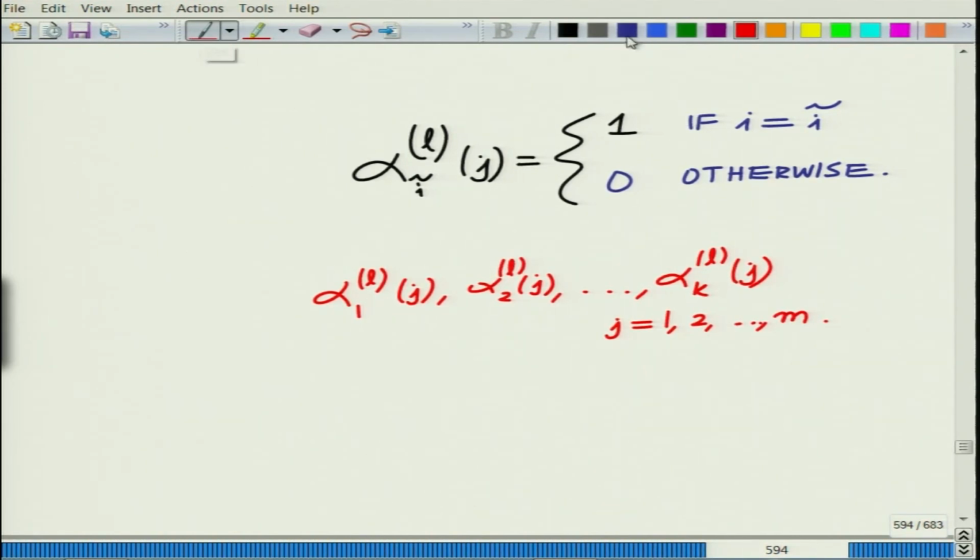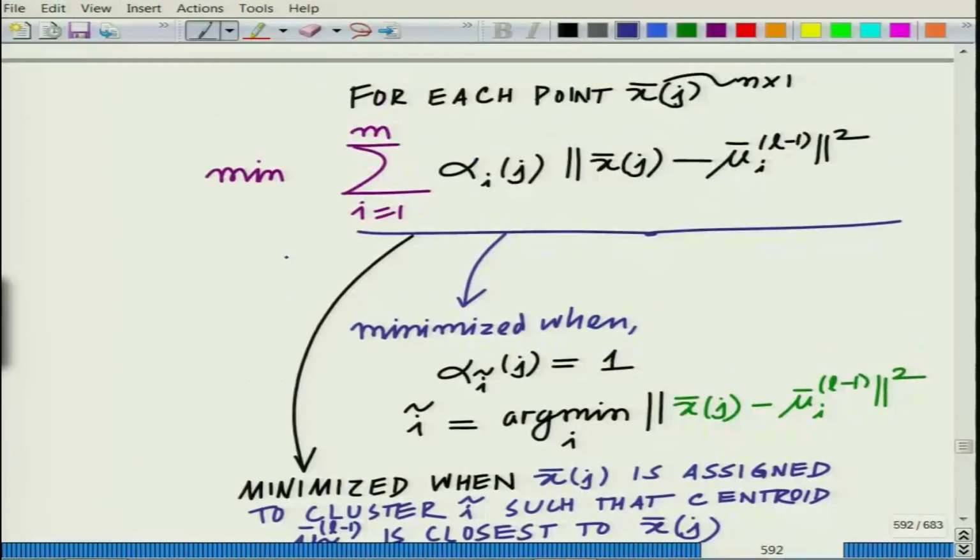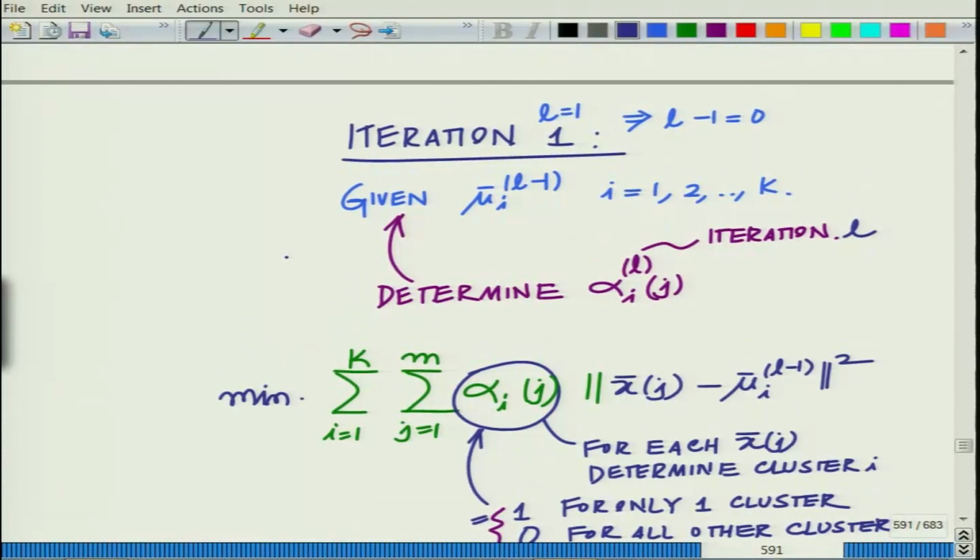So, this is essentially what this gives us. You can call this as the first step. So, in the first iteration you have the step 1. That is given centroids, determine cluster assignment.